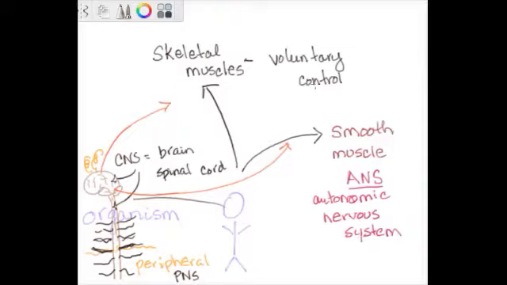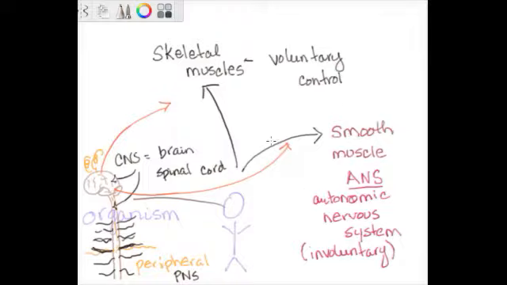So the two systems, the voluntary system, which is the skeletal system, and then the autonomic nervous system, which is also known as the involuntary nervous system, they're working together to allow your body to live and do activities and sleep and eat and eliminate your waste products and reproduce other human beings.